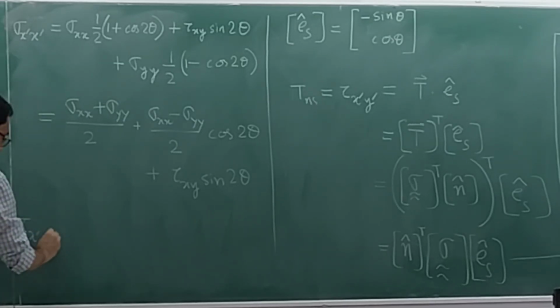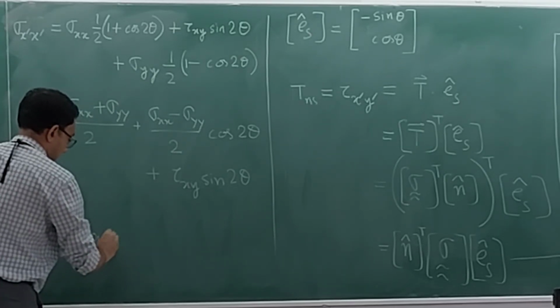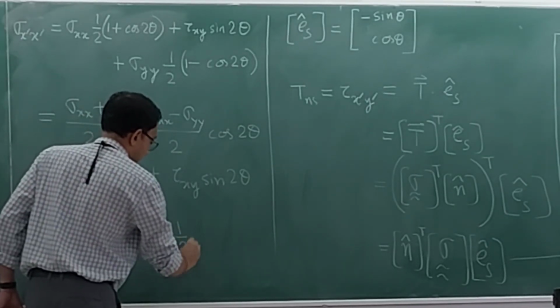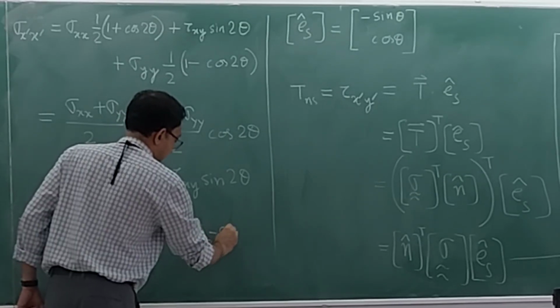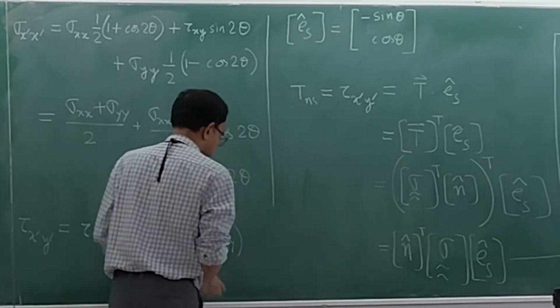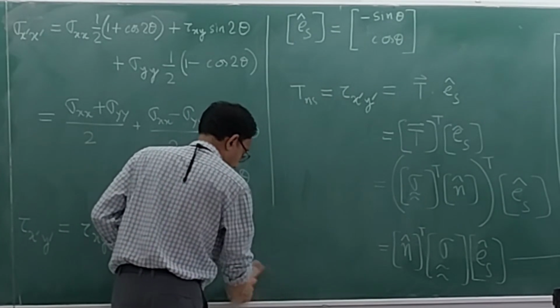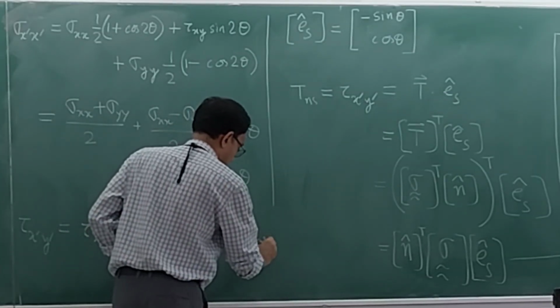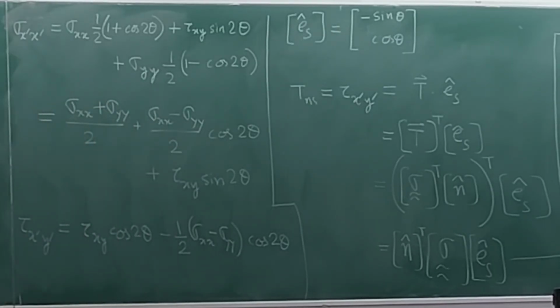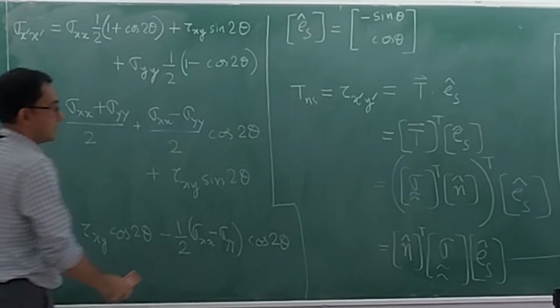So this tau x dash y dash is nothing but tau xy cos 2 theta minus half sigma xx minus sigma yy sin 2 theta.